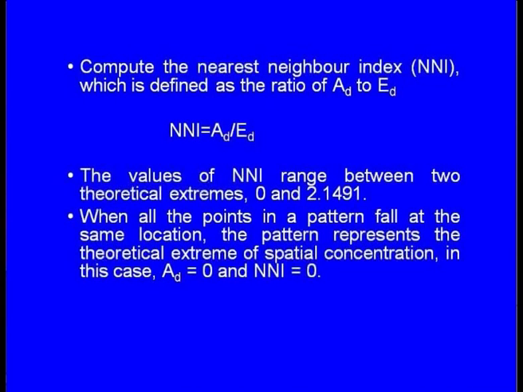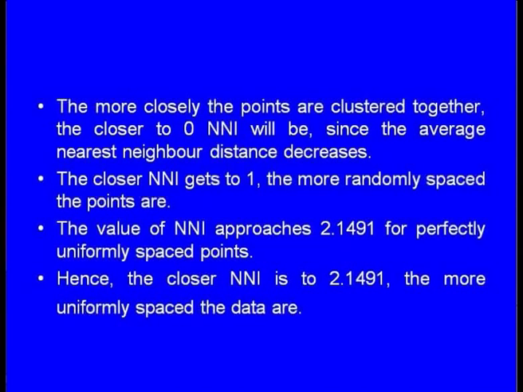When all the points in a pattern fall at the same location, the pattern represents the theoretical extreme of spatial concentration. In this case, AD is equal to 0 and NNI is also equal to 0. The more closely the points are clustered together, the closer to 0 NNI will be, since the average nearest neighbor distance decreases.